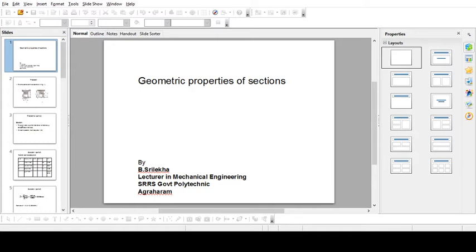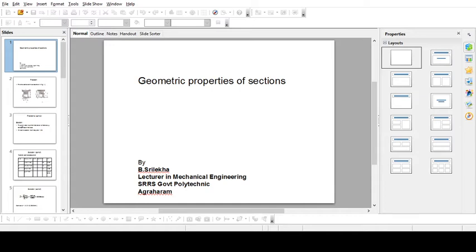So half BH is the area of this triangle. Half into base 100 into height 100, so you will get 5000 value of area.